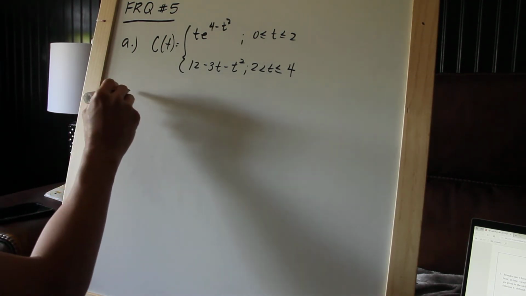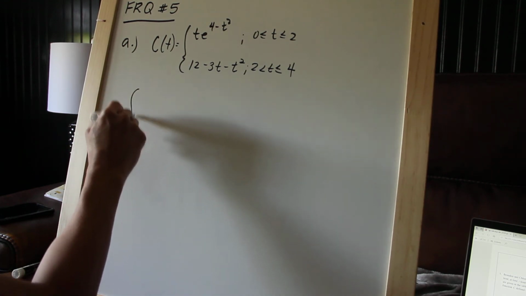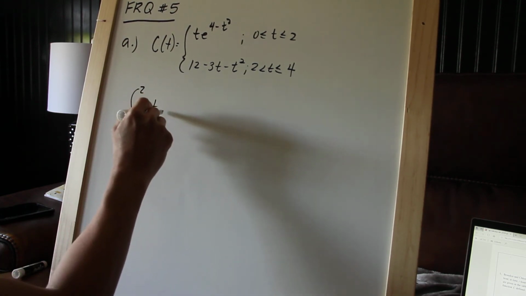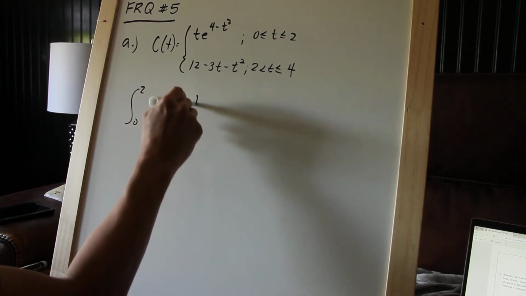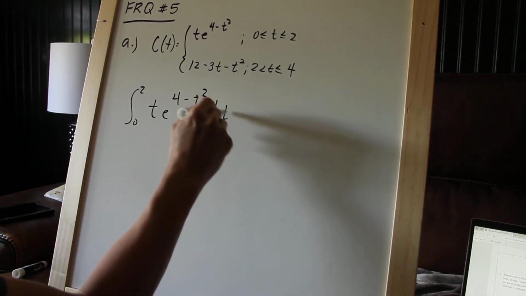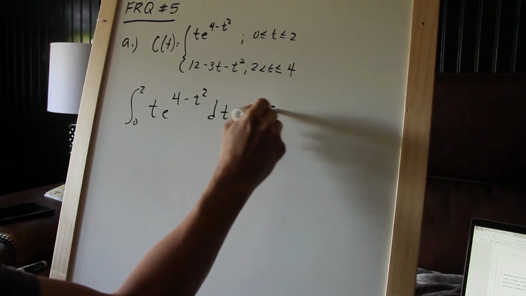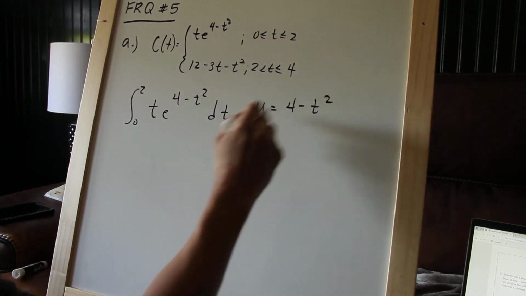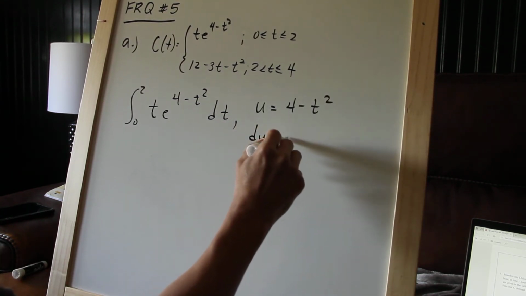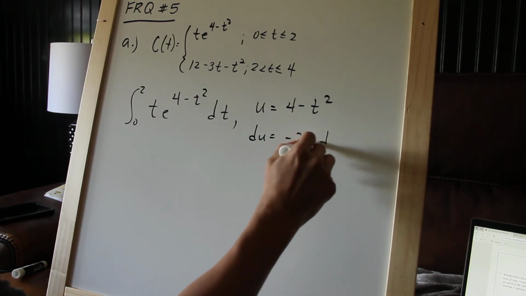So that means I need to take the integral from 0 to 2 of t e to the 4 minus t squared dt, where u equals 4 minus t squared, du equals negative 2t dt.